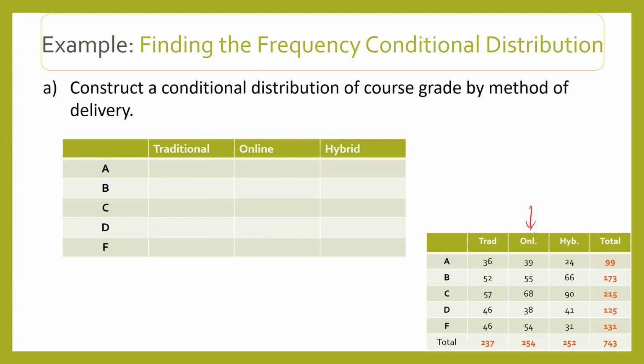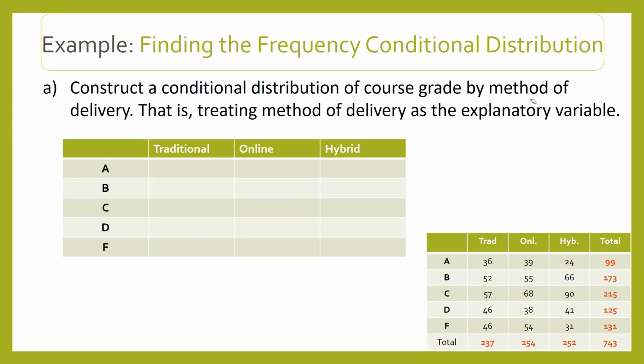This is what we got from the frequency marginal distribution. Okay, so construct a conditional distribution of cost grade by method of delivery. This is extremely important, by method of delivery. Everything will change if it's not.